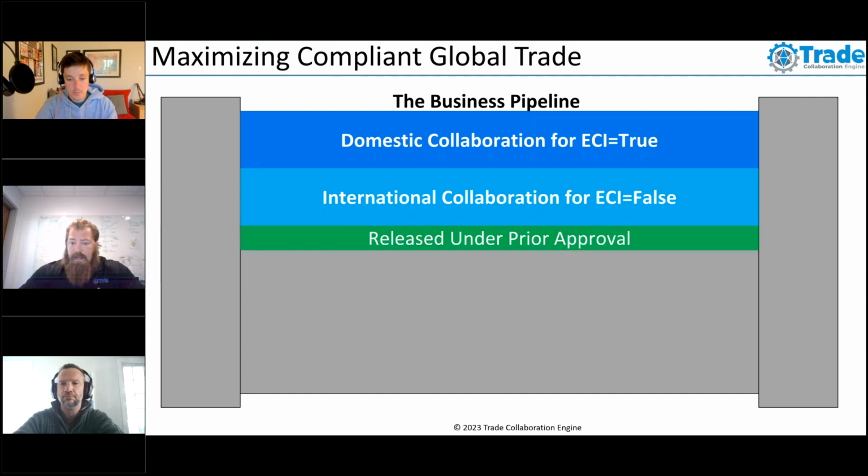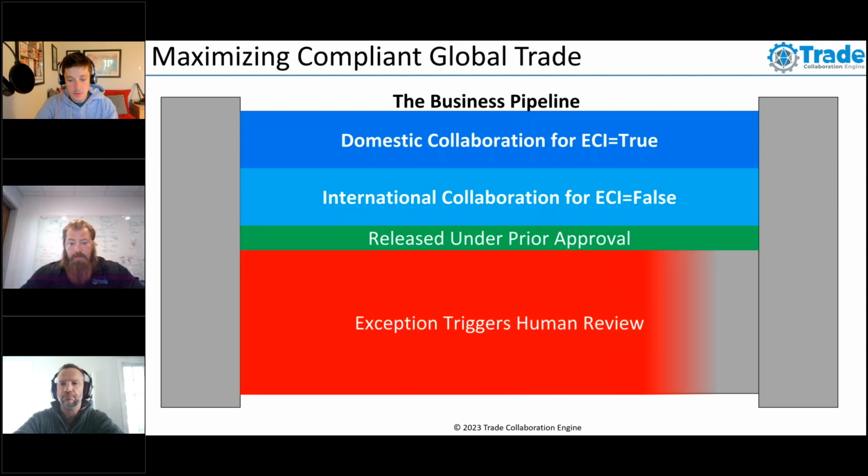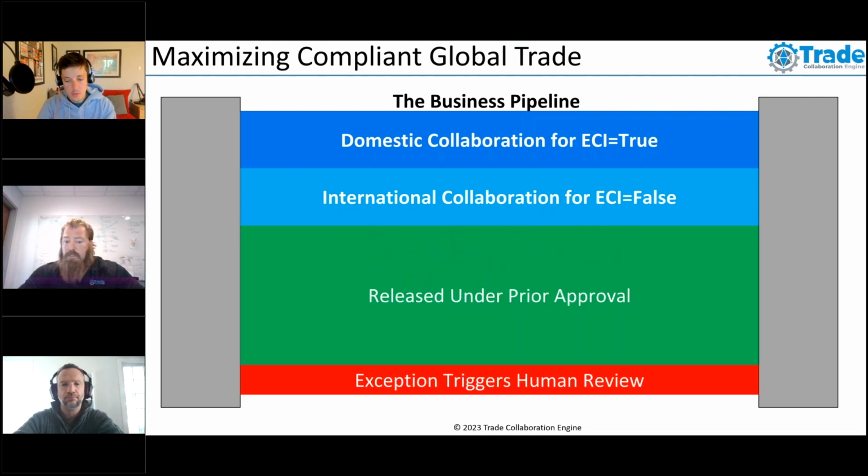Then there's going to be data released under prior approval, and a bunch of stuff that isn't tagged correctly. We don't have the information to make an accurate and timely decision, therefore the transaction must be blocked. Our objective from a trade compliance standpoint is to grow what's released under prior approval over time, thus maximizing compliant global trade.